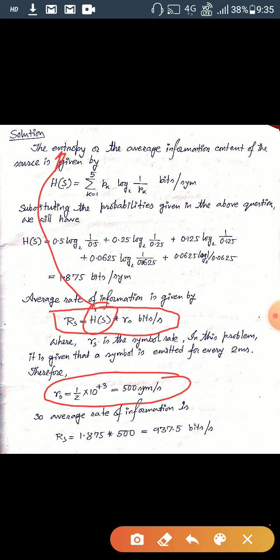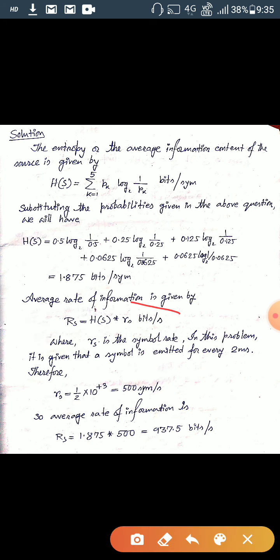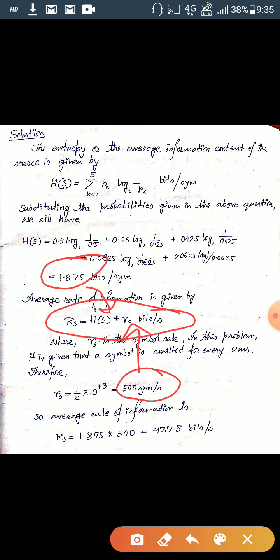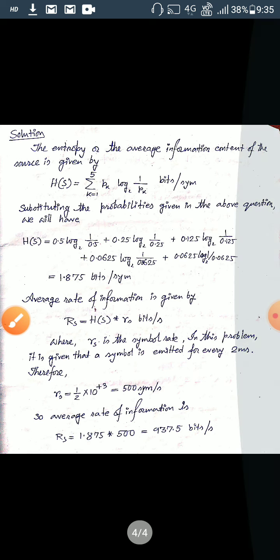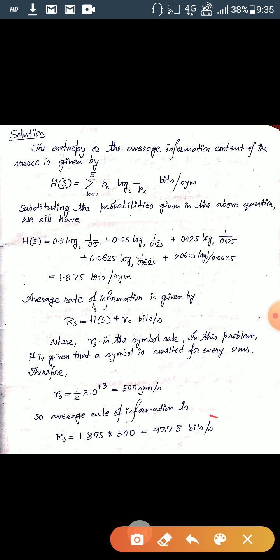If you put the individual H(S) and r(s) values into this equation, this value for H(S) and this value for r(s), then finally the value of R(S) becomes 937.5 bits per second.